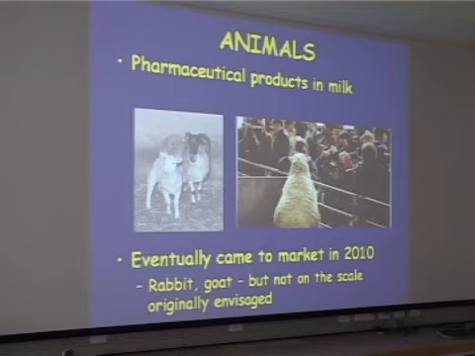But actually, it took a very long time to come to market because of safety concerns, and it turns out not to be the commercial panacea that companies thought it was going to be. Not on a huge scale, but rabbits and goats are being used commercially to make pharmaceuticals. So there's a way that animal telos has been diverted in order to make things for us.